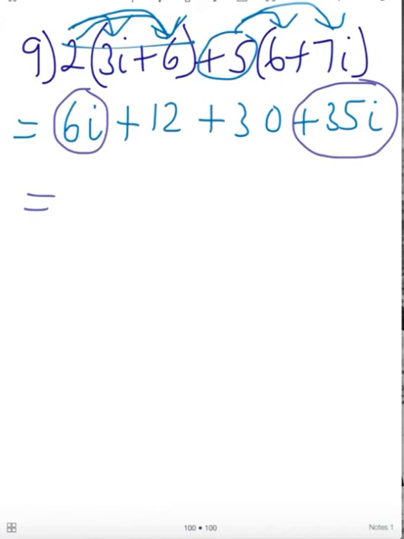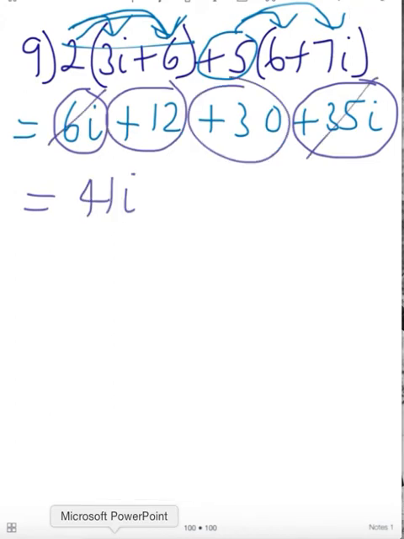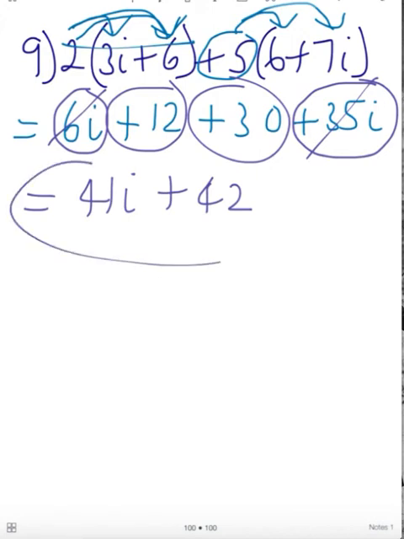And here I've also got two constants. I've got 12 and the 30. So what is 12 plus 30? And that leaves us with 42. So positive 42. And that is our final answer. There's nothing else we can simplify, and we stop there.